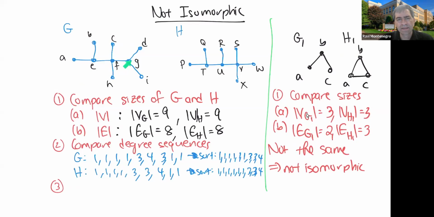Well, let's see. In this figure, I had degree 3, 4, and 3 again. So the 2 3s were next to the 4. Here, the 4 is only next to one of them. Now, this is a difference that has nothing to do with the way I drew it. It's just a fact.